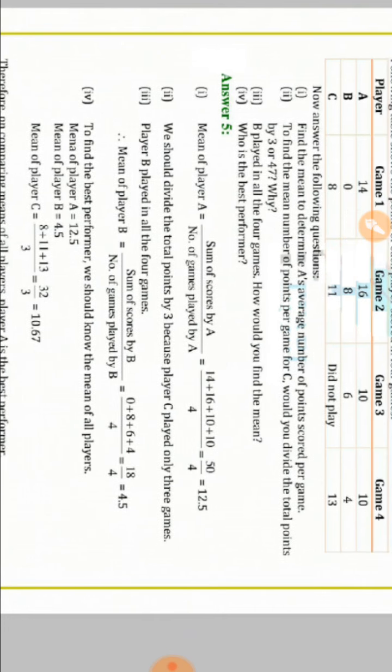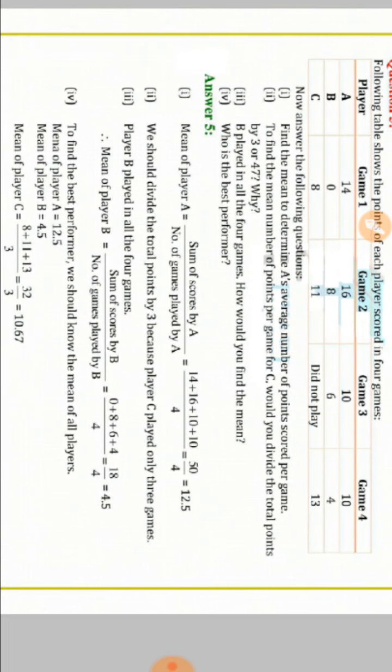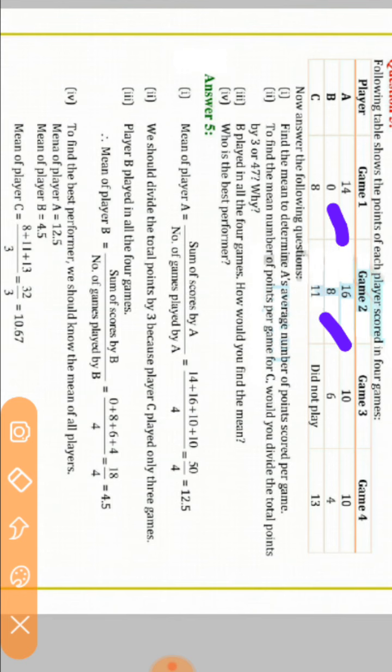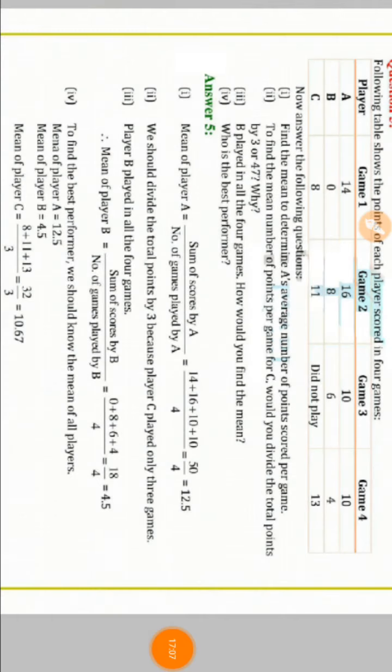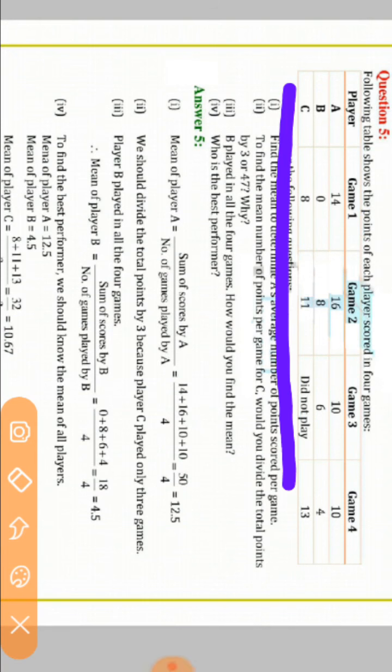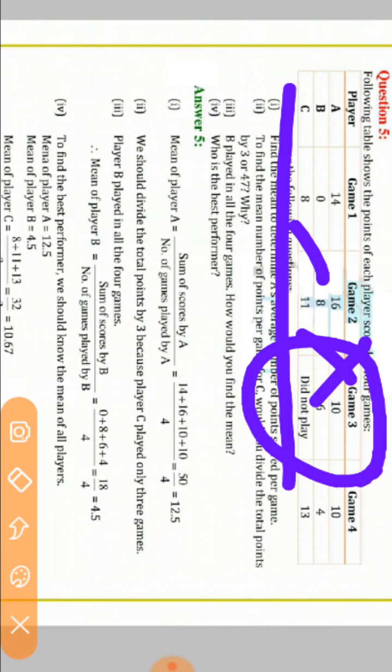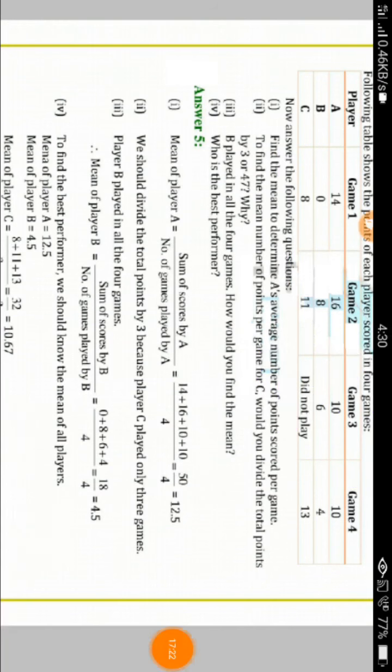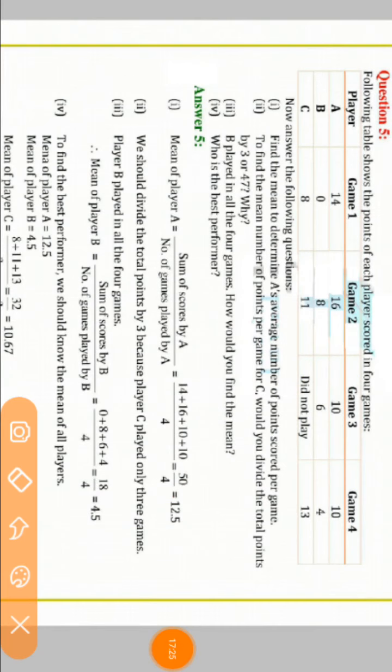See, sorry, we have to see person C. C's scores for games 1, 2 are 8 and 11, but he didn't play the third game, so we should not consider the third game.